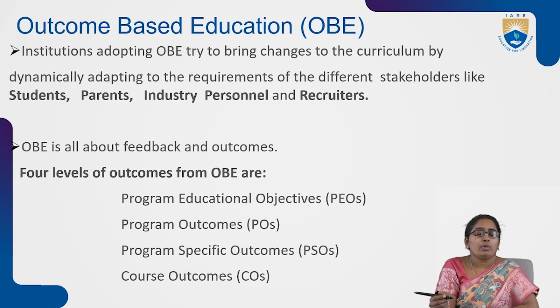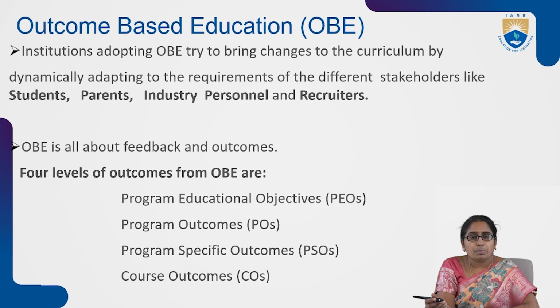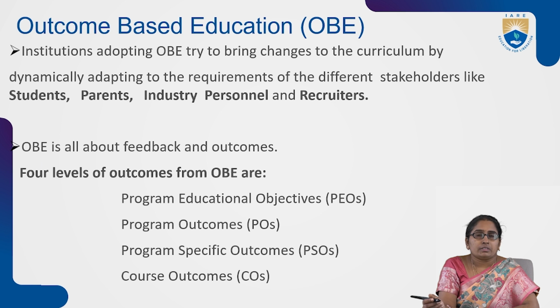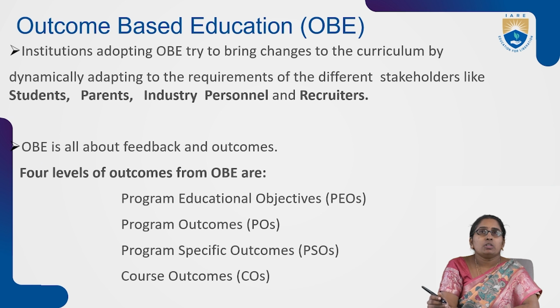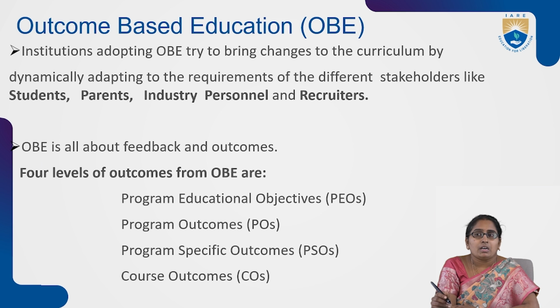So, they take the feedback from these four areas: students, parents, industry people, and also the recruiters. And also, it is the outcome, that means based on the output, the result the student attained. So it is all about these two things.